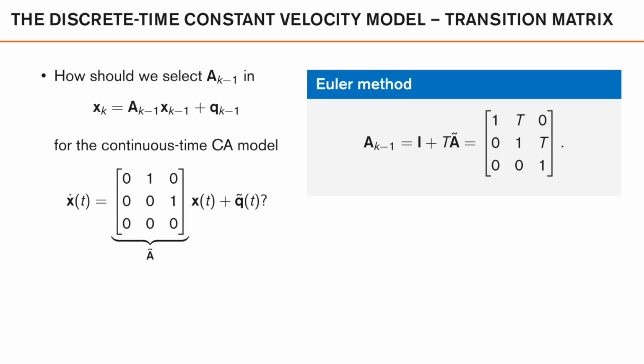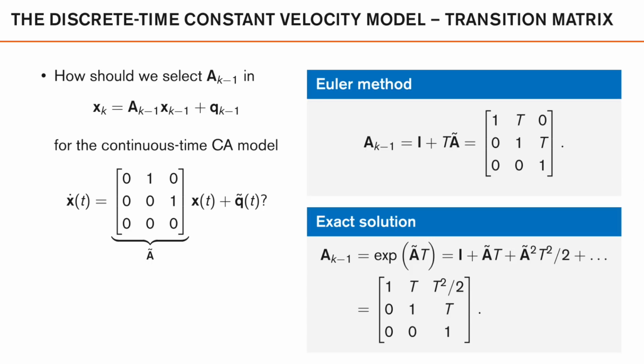Now, let's compare this to what we get using the exact solution. If we solve the problem using the exact solution instead, we get this Taylor series expansion of e to the power of A tilde times capital T. So we have the identity matrix plus A tilde times capital T plus A tilde squared capital T squared over 2, and so on.